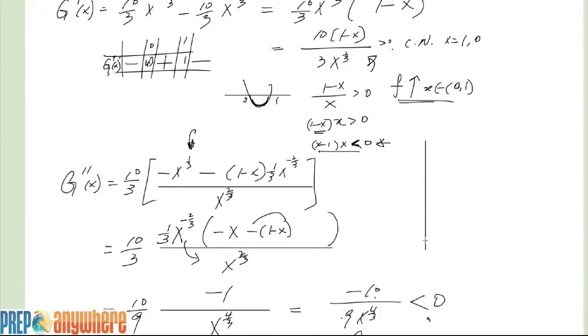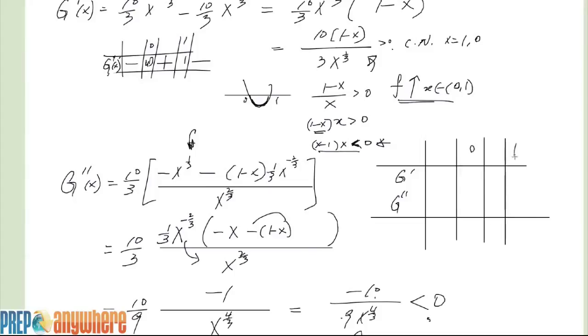Okay, so we have g prime, g second prime, we have 0, we have 1, we have undefined, 0, always negative. This is positive here, negative, right? Okay, so here it's going down, down, like this.